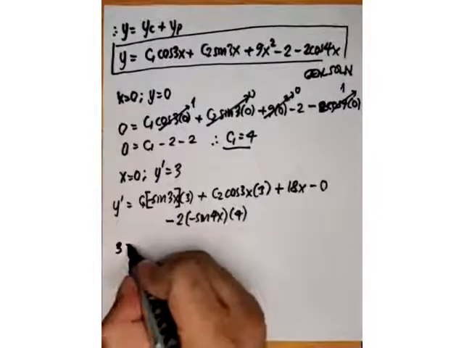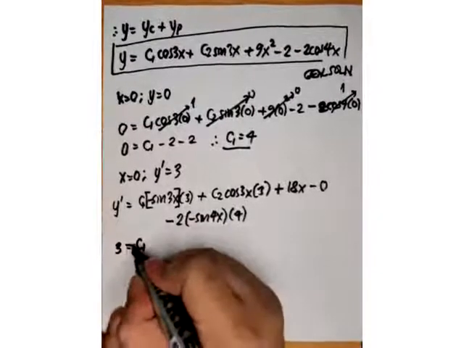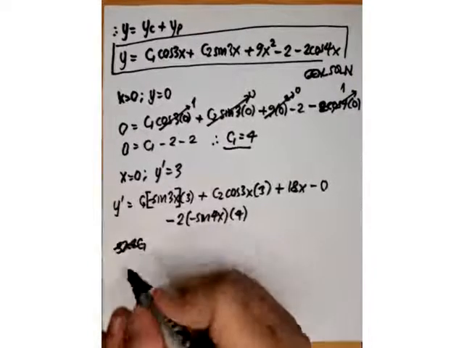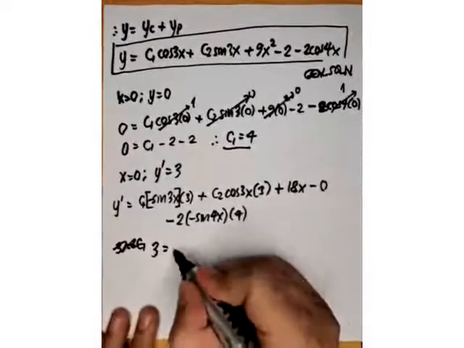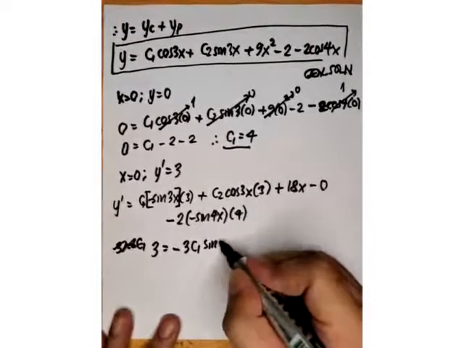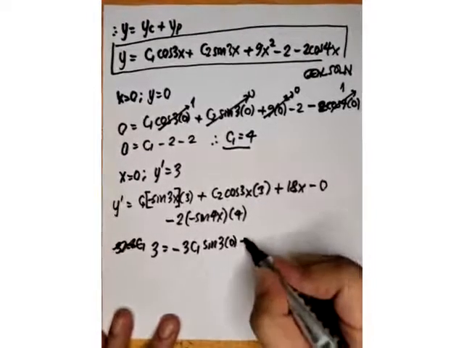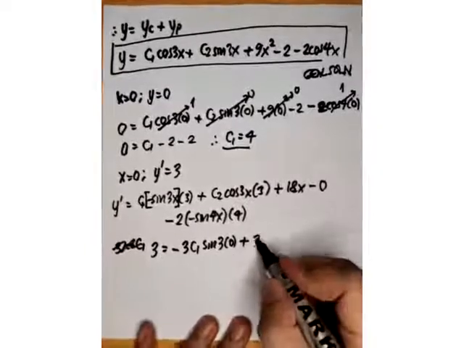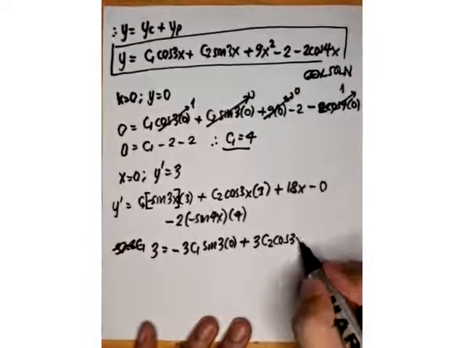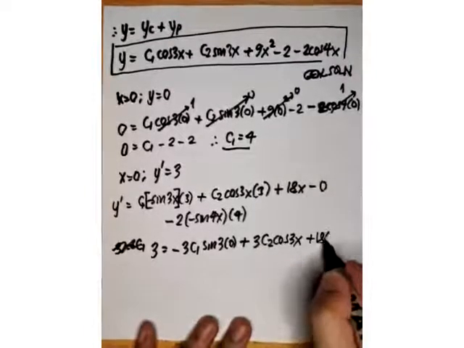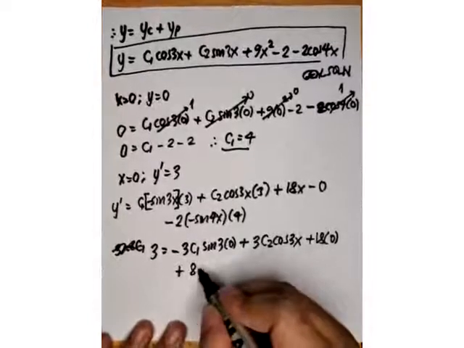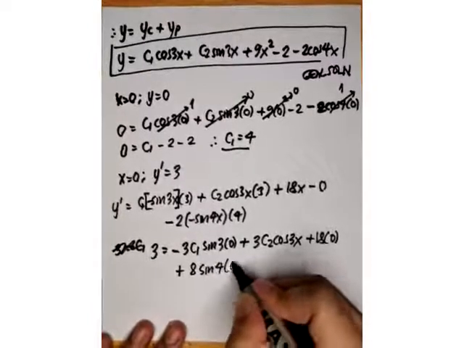So this is 3 is equal to negative 3C1 times sine 3 times 0 plus 3C2 cosine 3 times 0 plus 18 times 0 plus 8 sine 4 times 0.